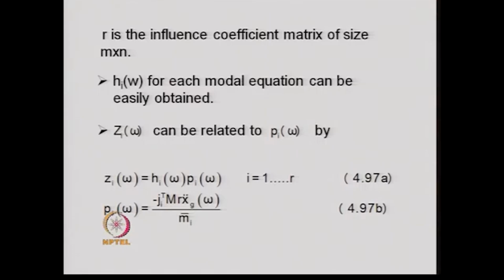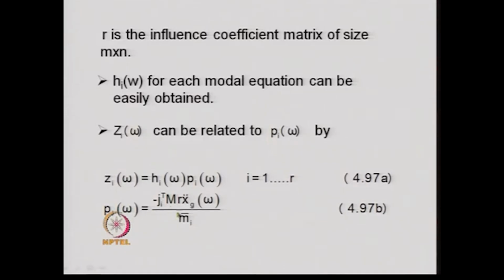That will be equal to |h_i|² multiplied by S_pi(ω), and one has to simply find out what S_pi(ω) is.